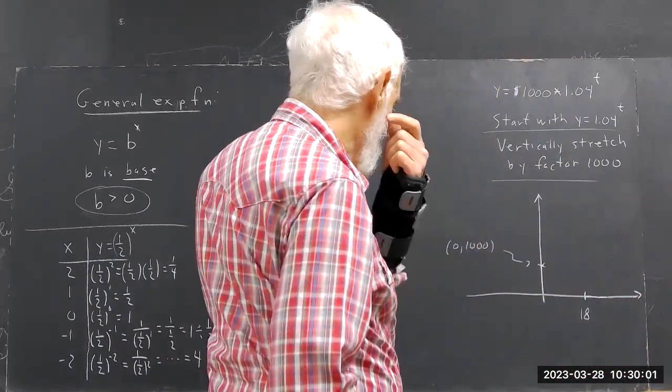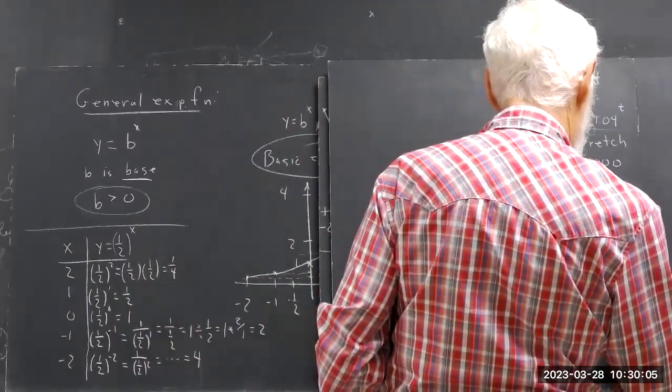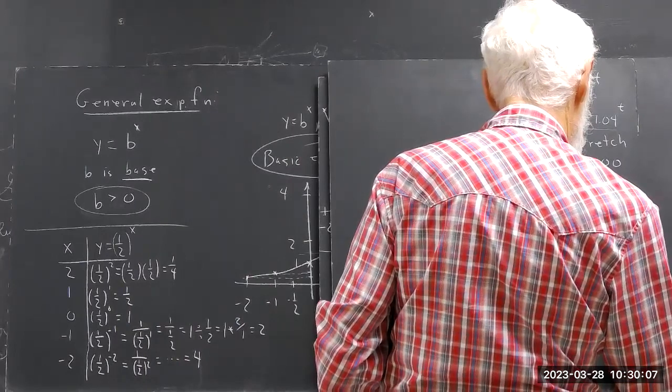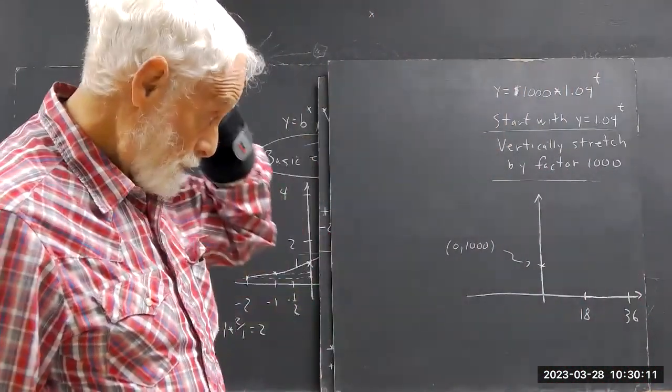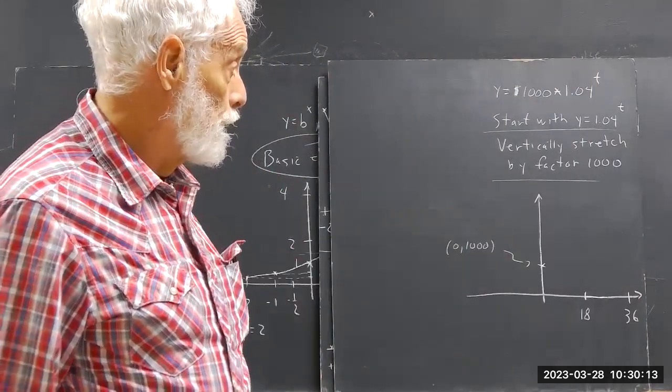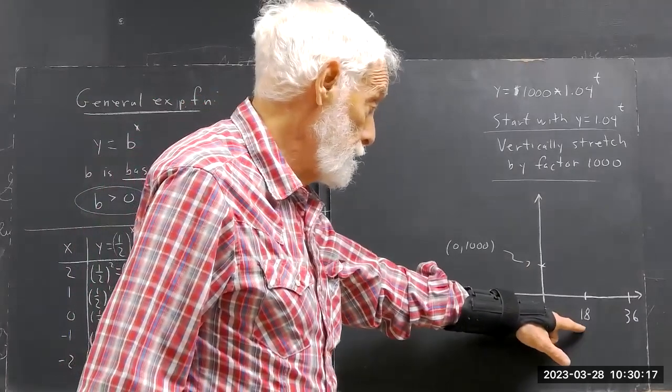I want 18 here. Then I want 36 here. Why did I put 18 there and 36 there? Because of the rule of 72, but I'll talk about that later.